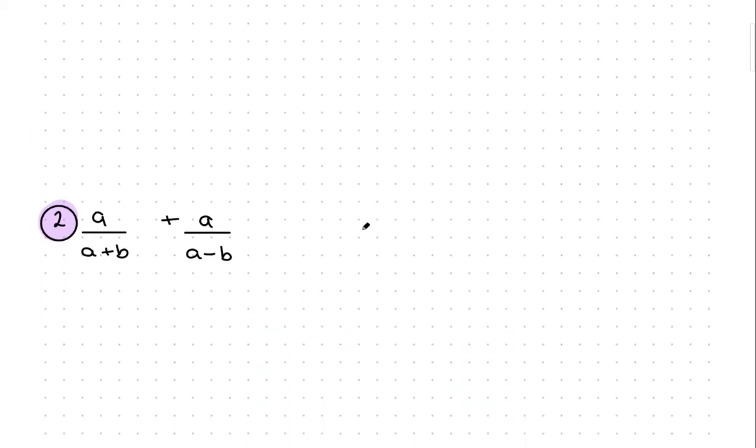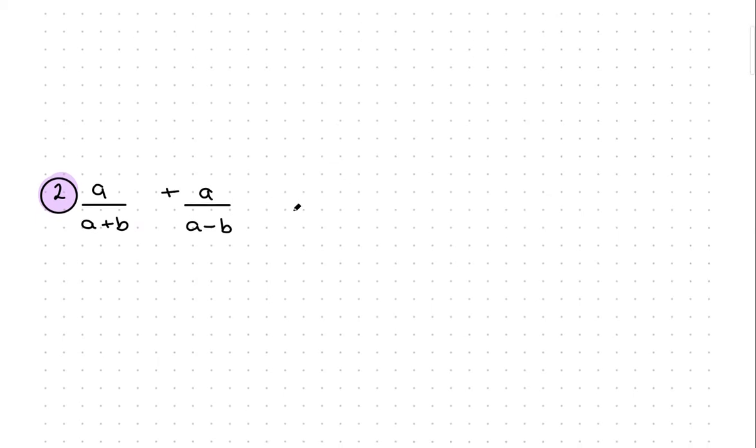The next one. For this question, what I need to do is to be able to add fractions together, they must have the same denominator. So the bottom has to be the same in both cases. How I'm going to do that is I'm going to change the bottom so that they both have the same terms.